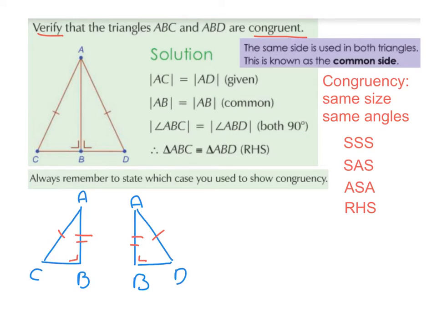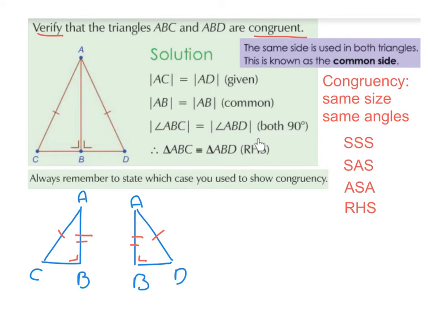So we have a common side, we have a common hypotenuse, and we also have a right angle. So therefore, triangle ABC is congruent to triangle ABD.